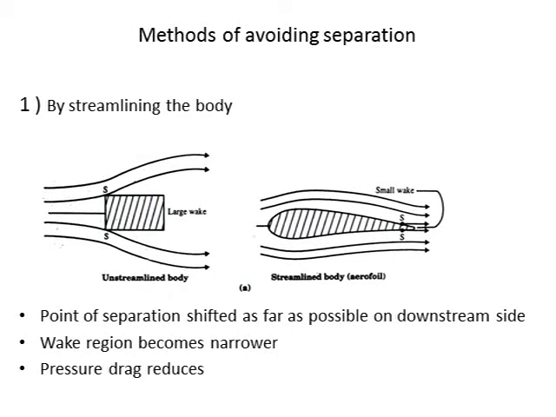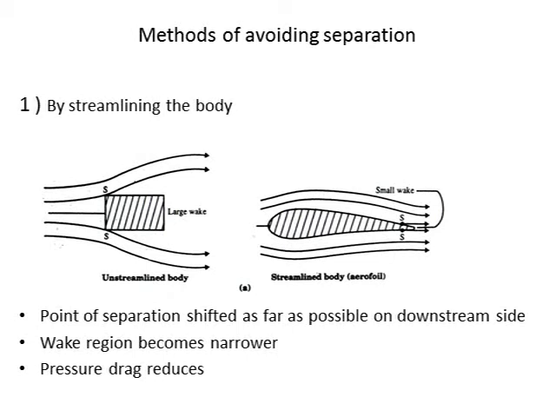In the first case, you can see on an unstreamlined body how the liquid passes from the separated zone SS to a large wake. That is the case of an unstreamlined body.